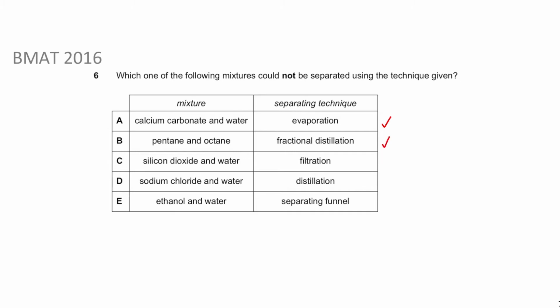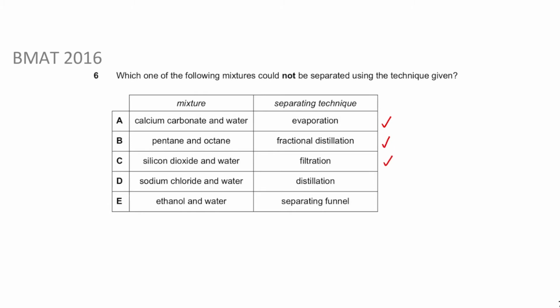Again, you remember here, if you have silicon dioxide and water, you can just filter it, can't you? For example, you get a sieve which has very, very tiny holes, so that the silicon dioxide can't get through, but the water can, then you can easily do that. So that's possible.